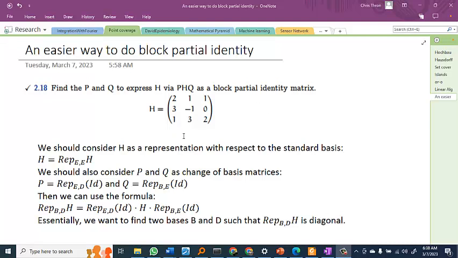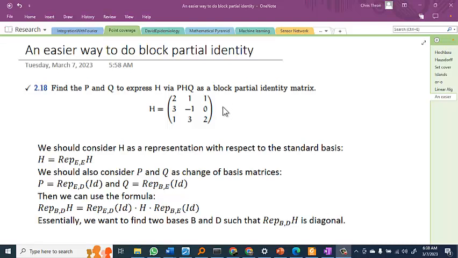So to solve this problem, we should consider H as a representation with respect to the standard basis. In fact, that's what this matrix means. If I write a vector with respect to the standard basis, that's just our ordinary vectors, right?